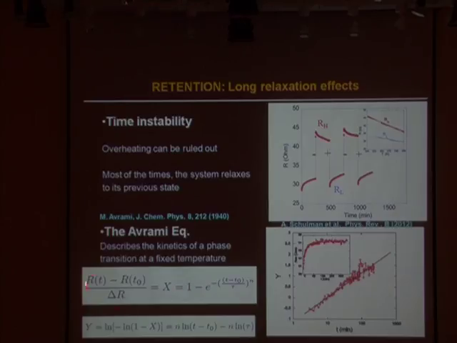This is the relative evolution of the resistance, and you can propose this type of dependence with time. If you make more mathematics, you can linearize, and from the slope you obtain information about the exponent n, and from the intercept you can obtain information about the characteristic time.